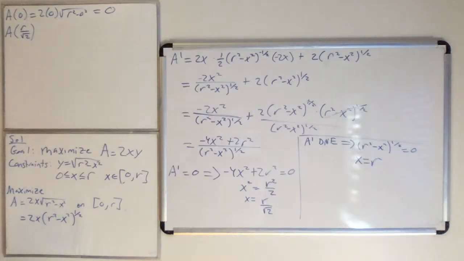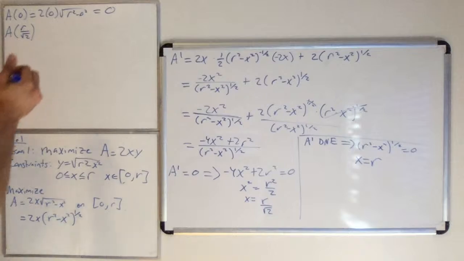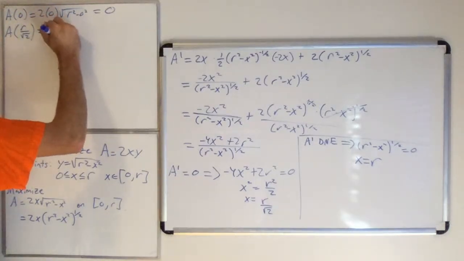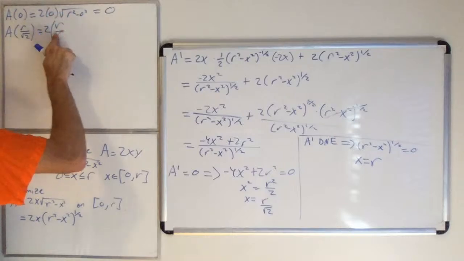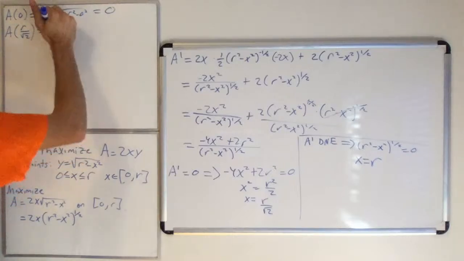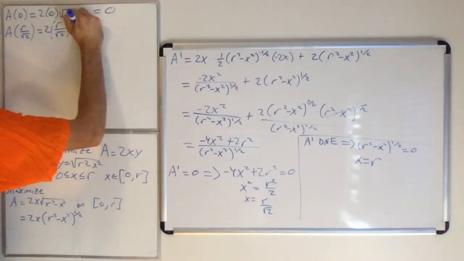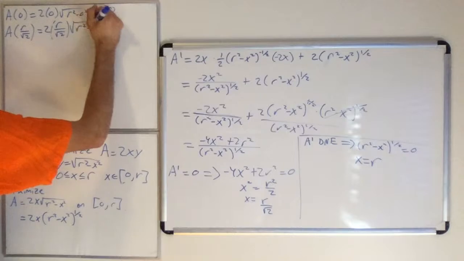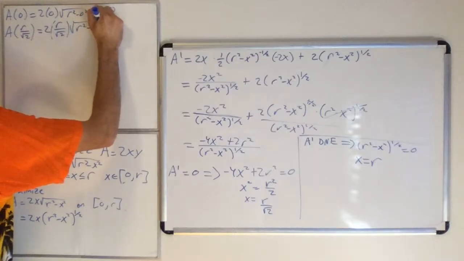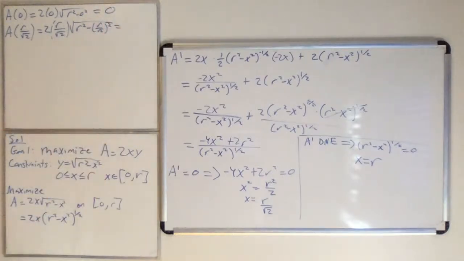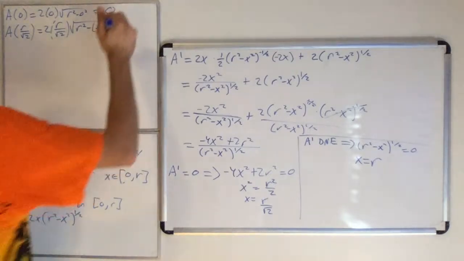So when x is equal to r over root 2, you have 2 times r over root 2 times the square root of r squared minus r over root 2 squared. Which, believe it or not, works out to be r squared.